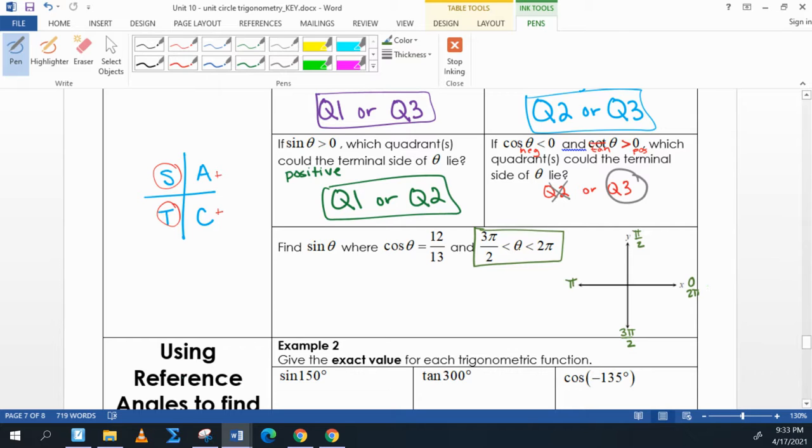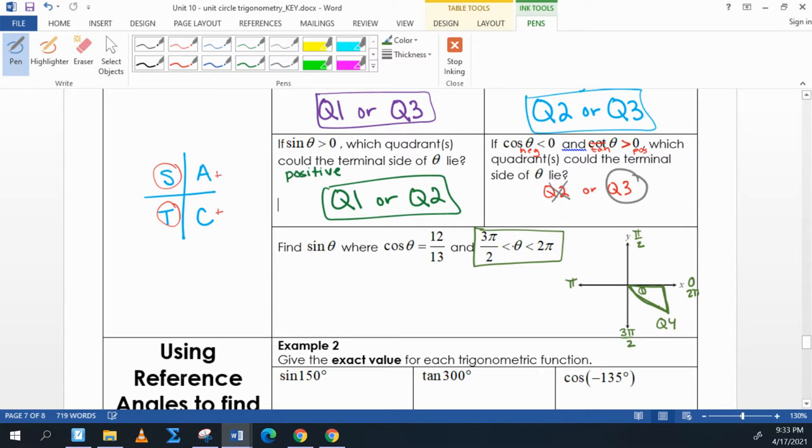So when they're telling me my angle here, my angle is greater than this 3 pi halves, so it's bigger than this all the way to there, but it's less than 2 pi. So it's somewhere here in quadrant 4. Mine won't be to scale, but here is a nice, lovely triangle drawn in quadrant 4.